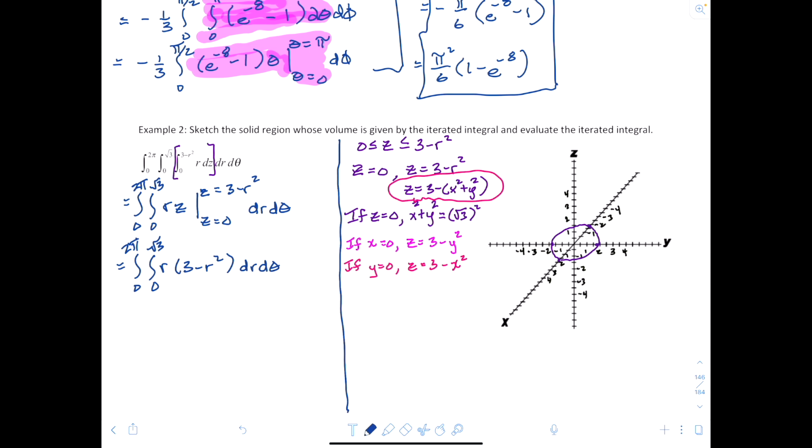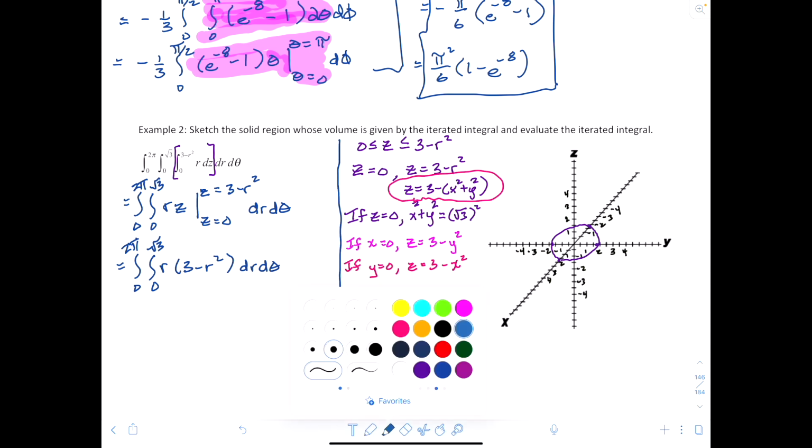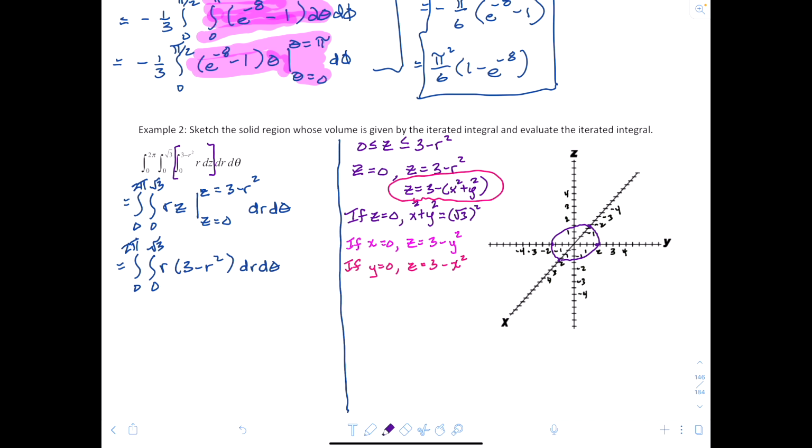So this purple business here had this result, which is this result. Cool? Okay, so here we go.